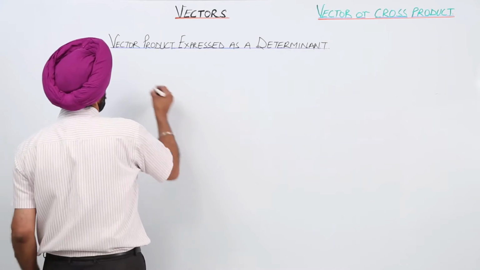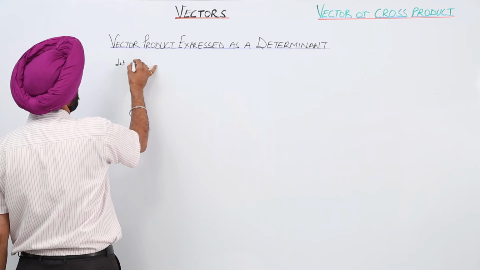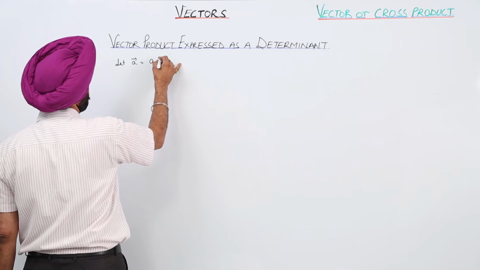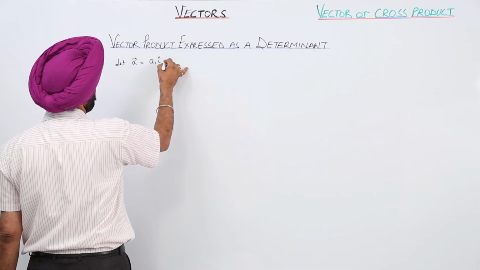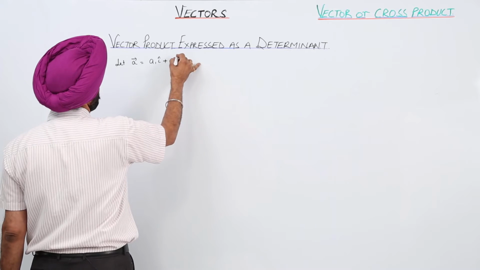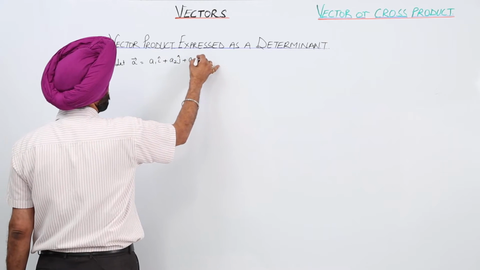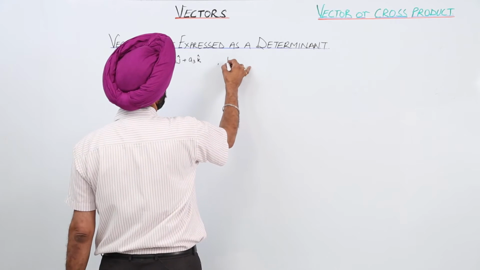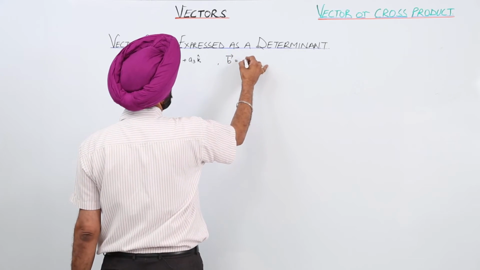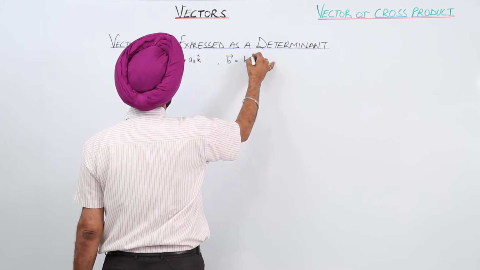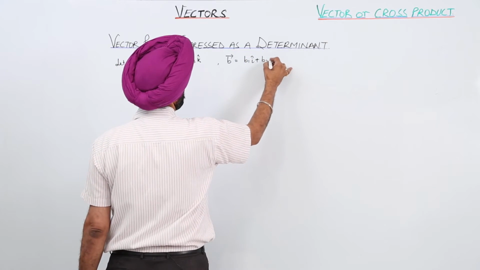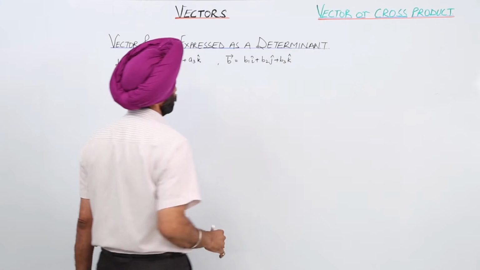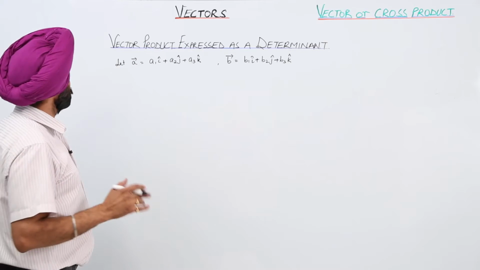Let vector A equal a1 i cap plus a2 j cap plus a3 k cap, and vector B equal b1 i cap plus b2 j cap plus b3 k cap. Now we want A cross B.